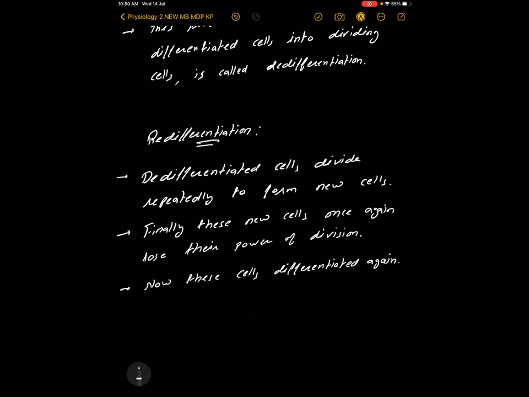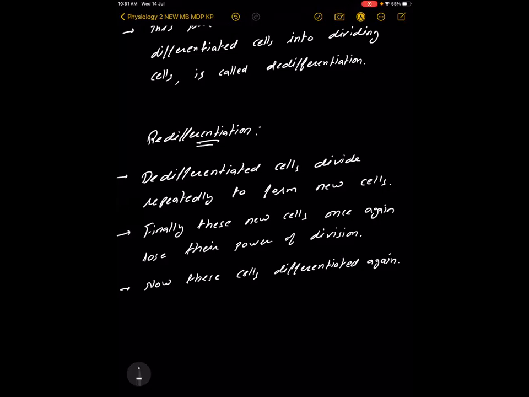Differentiated once again. So these cells which are formed by dedifferentiated cells divide and then finally are differentiated again, meaning they lose their power of division.